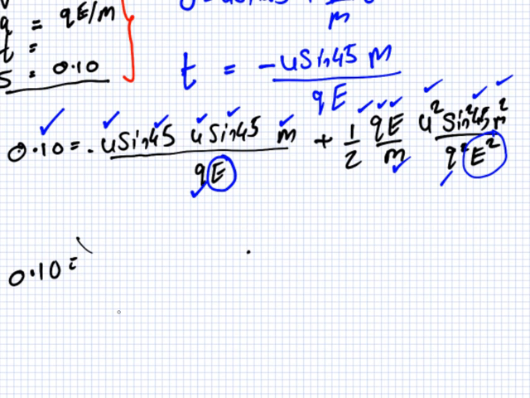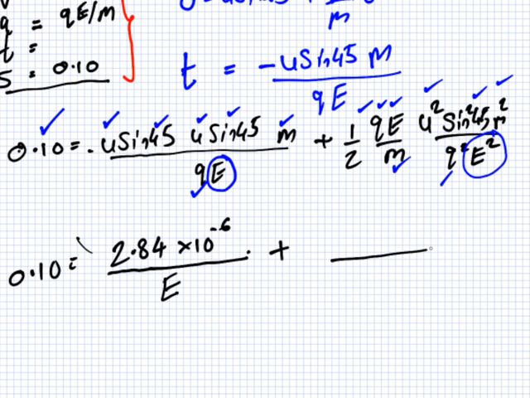So when you put all those numbers in, you'll get 2.84 times 10 to the minus 6 all over E. Plus, and now we'll do the other one, and there'll be an E squared down below that we don't know. But we'll put in all the other numbers.